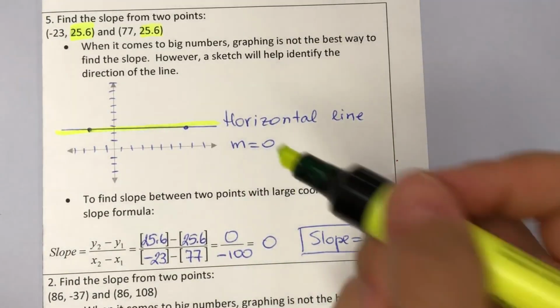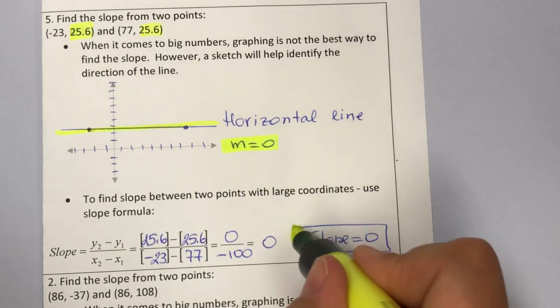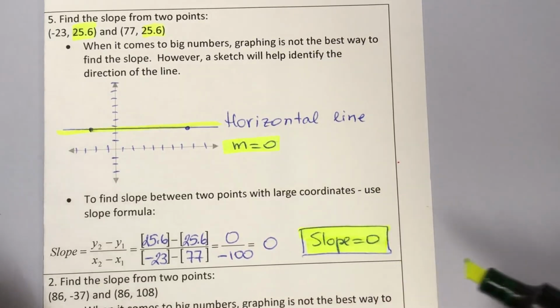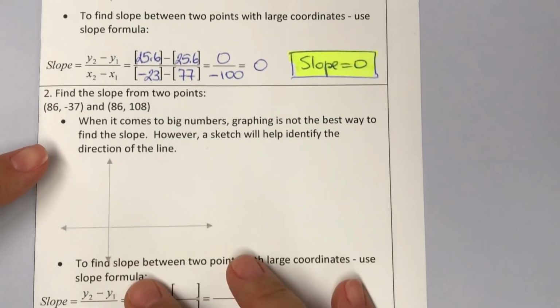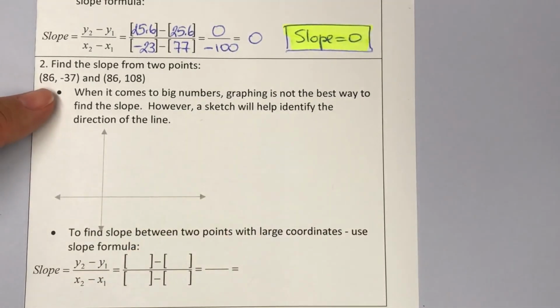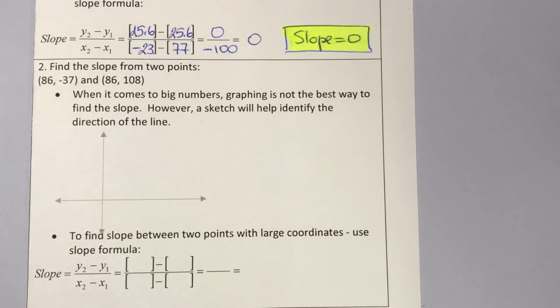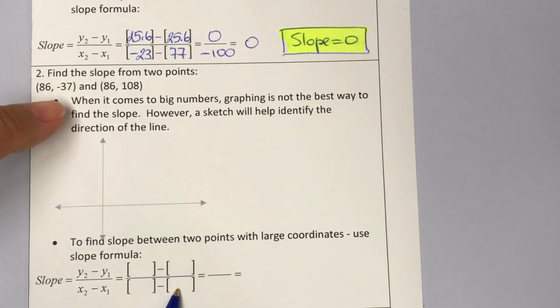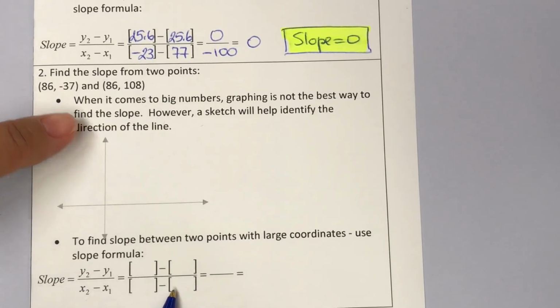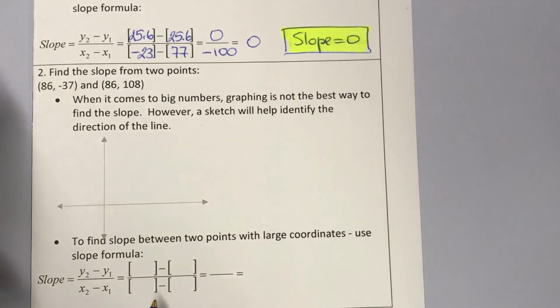We can use m, which is the lowercase m, as the symbol for slope, or you can use the word slope. And for the last example, I have two larger points again, and the larger points are most efficient to be used in the formula, but when you graph it, you can get a visual representation as well.